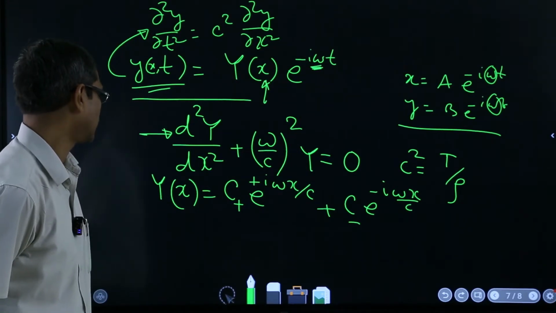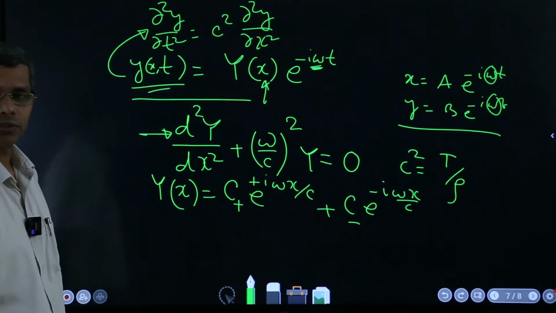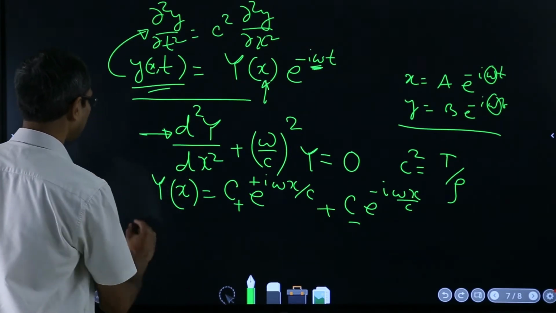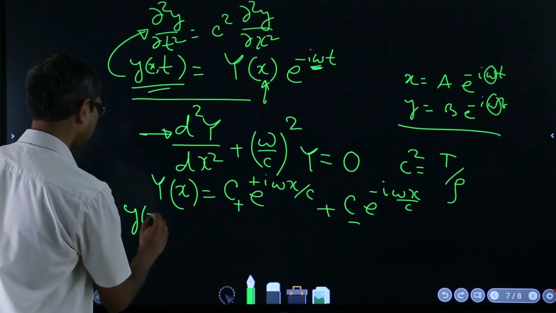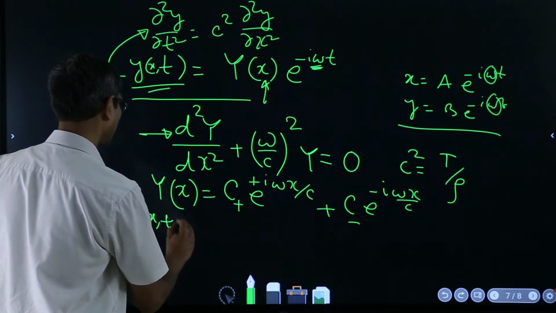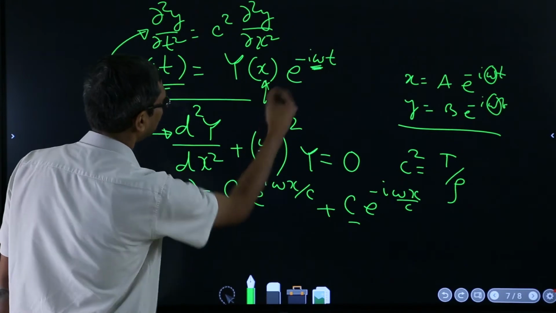So that means you now have the complete y of x and t, right? Y of x and t is this times this.